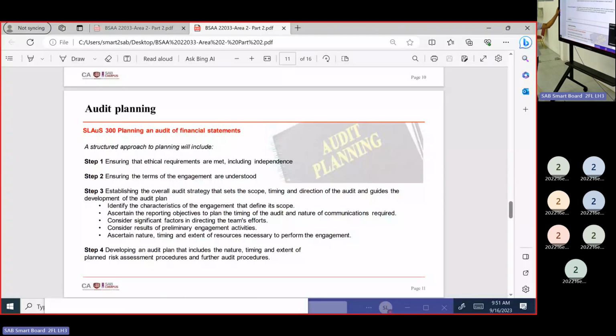So we are discussing two different terms: audit plan and audit strategy.